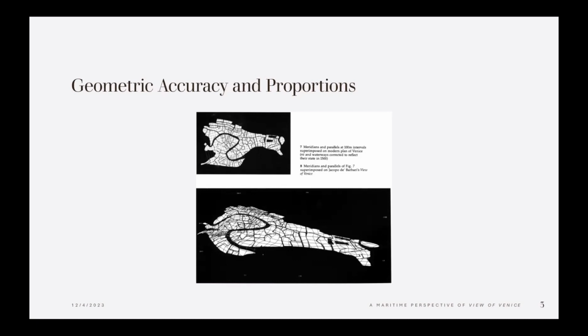And what is shown here is a grid placed over the actual proportions of Venice and the island at the time, because we know them today. And below is the view of Venice and that grid superimposed over what was depicted by Jacopo.